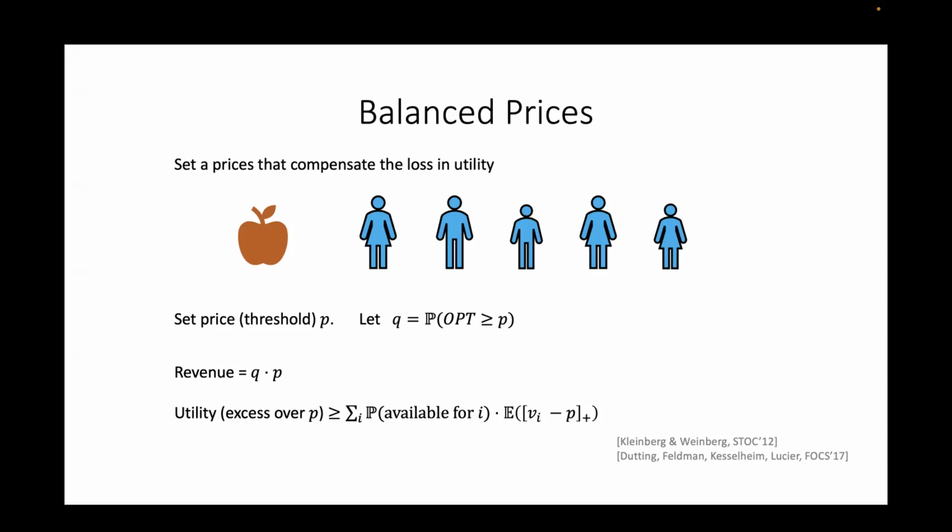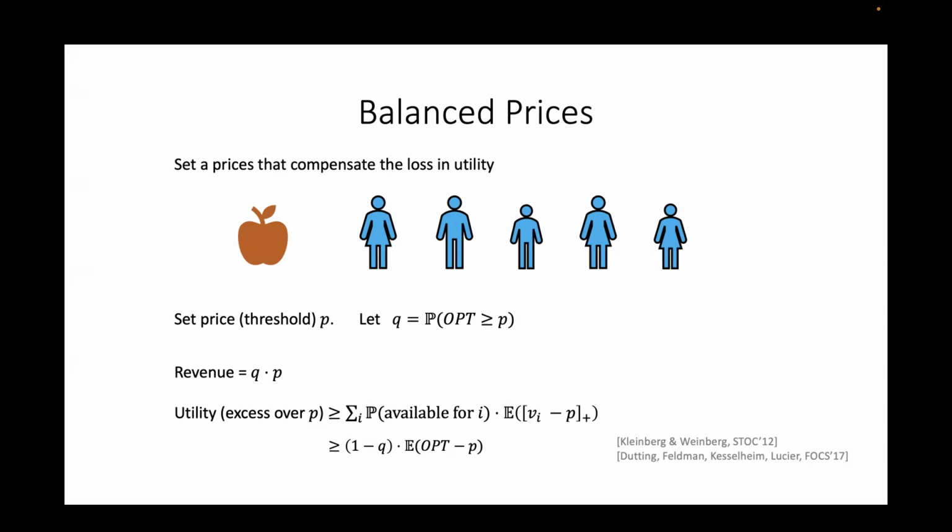So this is the probability that the item is available for agent i times the expected value over the price. And then the probability that the item is available, we can lower bound it with the probability that the item is available at the very end. That means the probability that we never allocate the item, right? And this is exactly 1 minus Q, right? The probability that no one has value above the price.